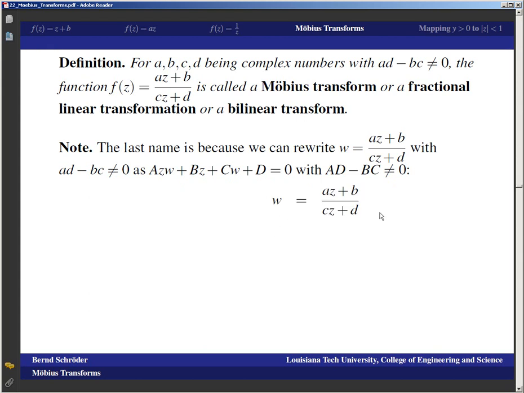Well, you take your w equals az plus b over cz plus d, and you get rid of the denominator. You get w times cz plus d equals az plus b.